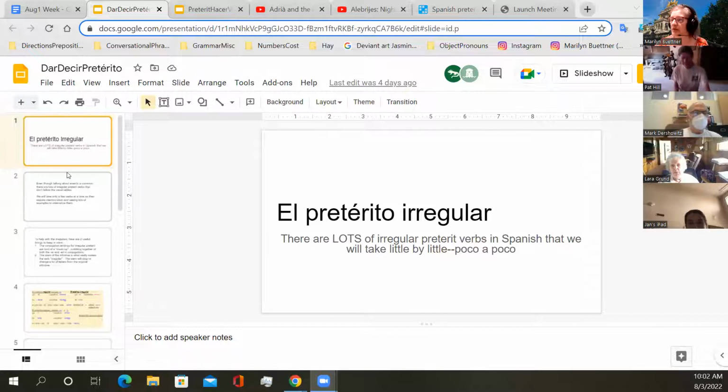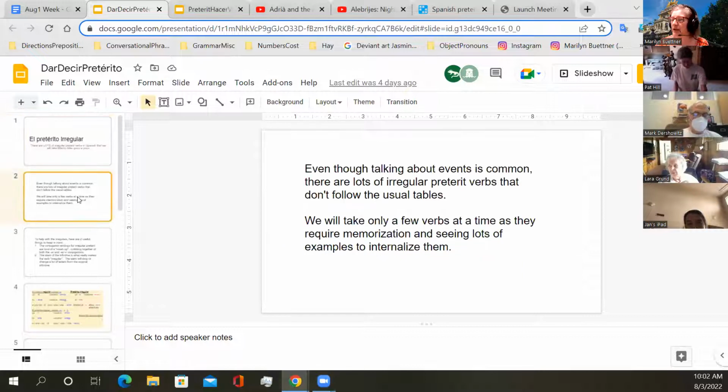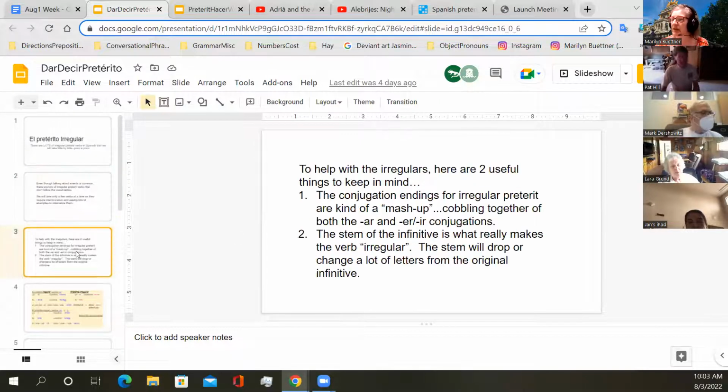So this little slide set that I had given you with the irregulars is something you may want, although I'm going to keep it up on the share setting here.